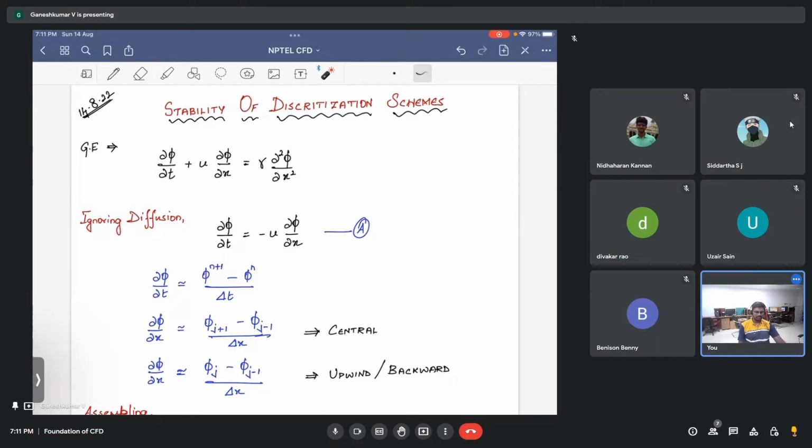So here, why we are showing this is that you need to understand the basic concepts like central and upwind, how they affect the solution, what the characteristics of these schemes are, and when to use what. You will understand these things by knowing the basics like central and upwind schemes. That's why we derive it and show you. But in commercial software, we don't use anything like that. Is that clear?